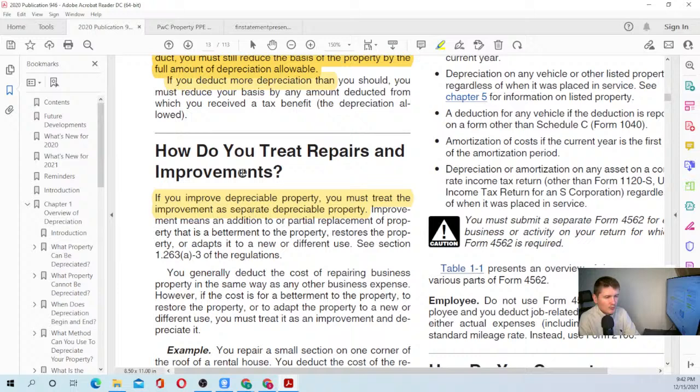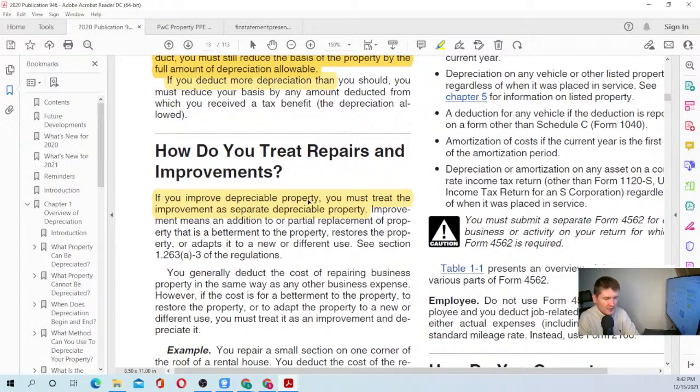Repairs and improvements. Again, same treatment as with accrual basis accounting. Whatever you have in accounting for repairs and improvements, you will have the same approach in taxation.